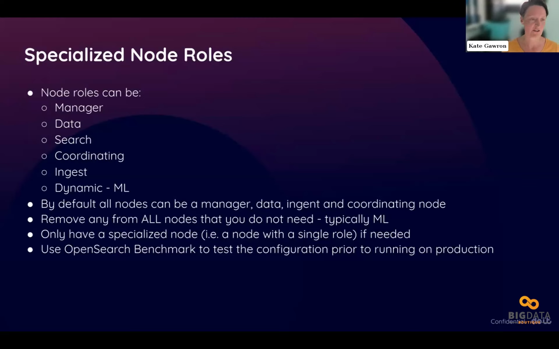On AWS, you are fixed with having your manager nodes and the other nodes being data, ingest, and coordinating together. But if you're running self-hosted, you can customize these roles on each individual node. We're seeing quite a few customers who take this too far and have individually identified nodes that have just an ingest role, just a search role, or just data. You'll probably find that you just don't need that.